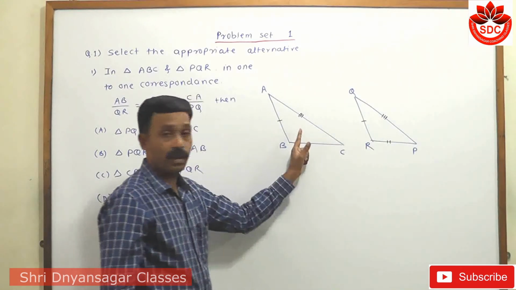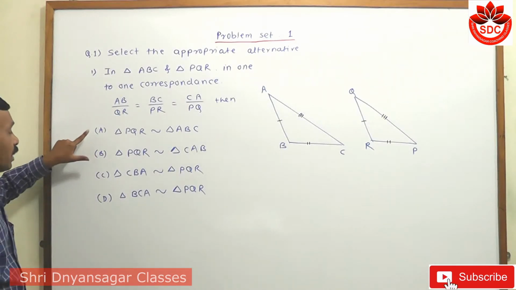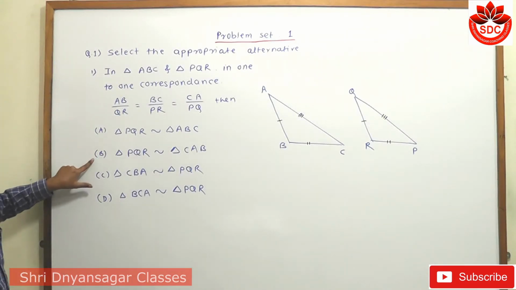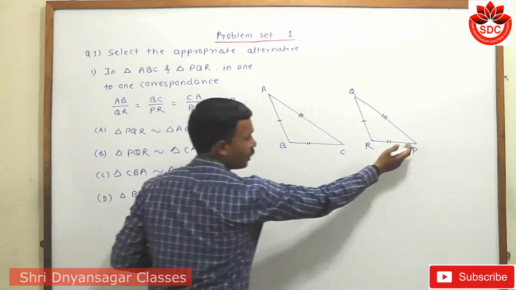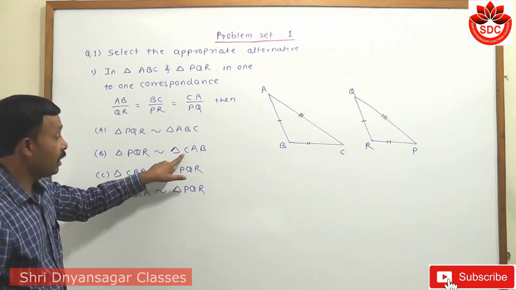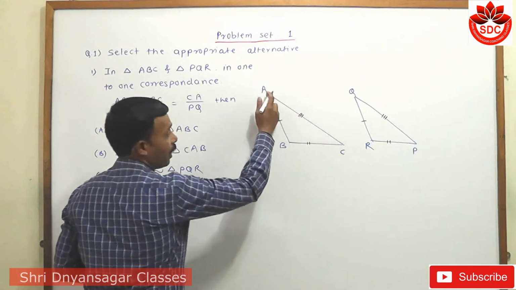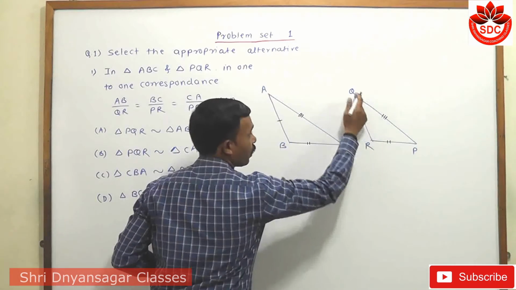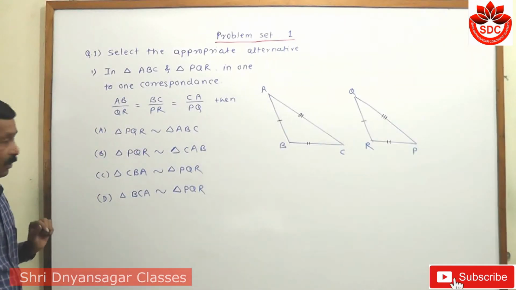This is not proper 1:1 correspondence, so this is not the correct alternative. Then look at this second one. Triangle PQR is similar with triangle CAB. C, A and B. Look here, PQR, CAB. Means that this is the correct alternative.